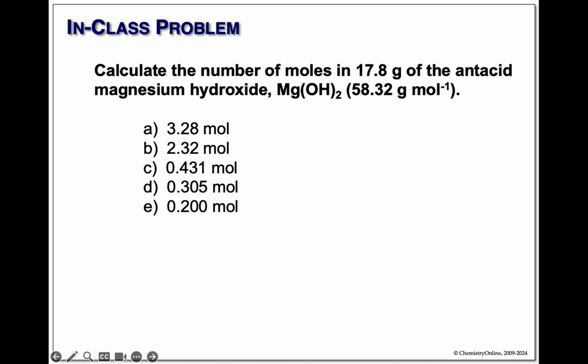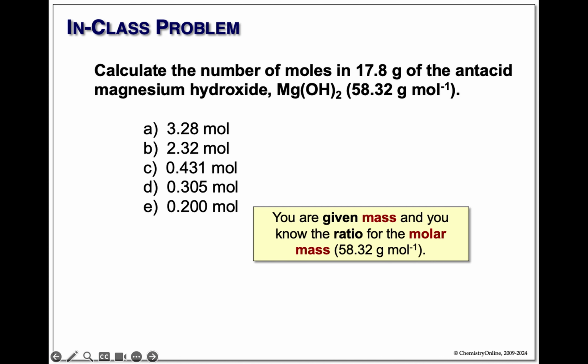Hydroxide is a -1, so we have 2 of them. Magnesium hydroxide. And here's the molar mass, 58 grams per mole. All right, so how many moles in 17.8 grams? Well, this is going to be our given. And this is going to be our ratio.